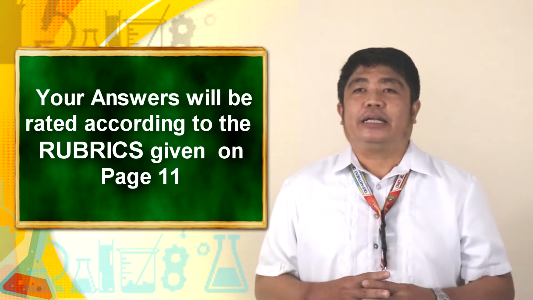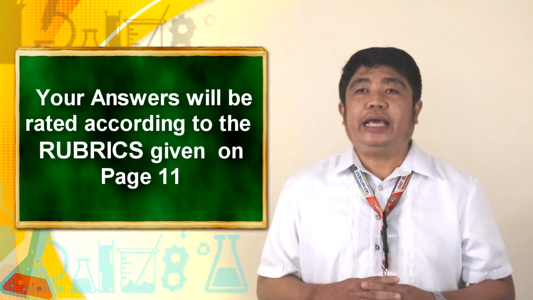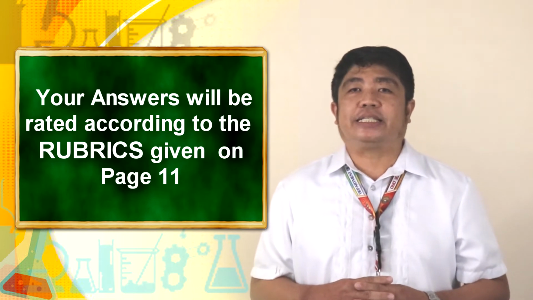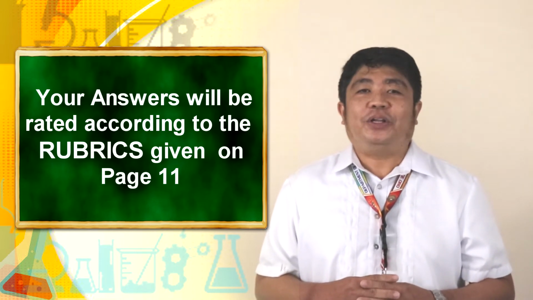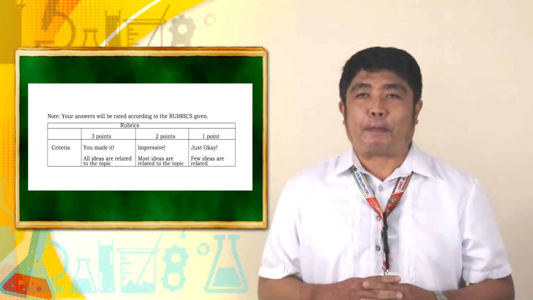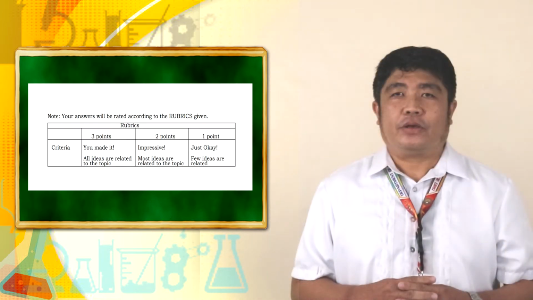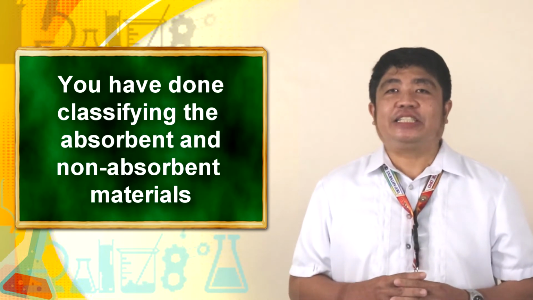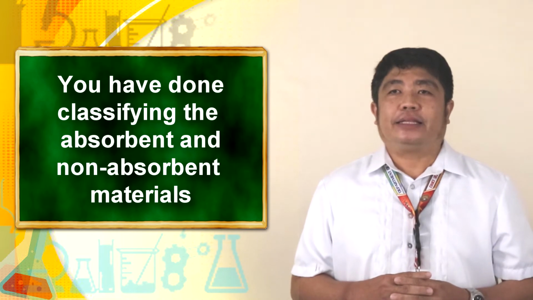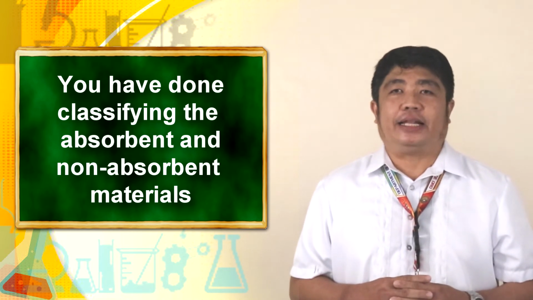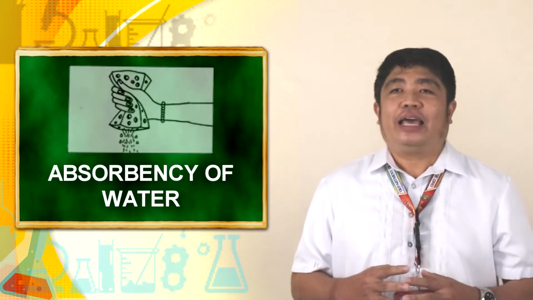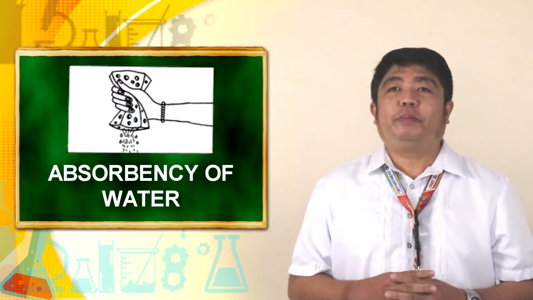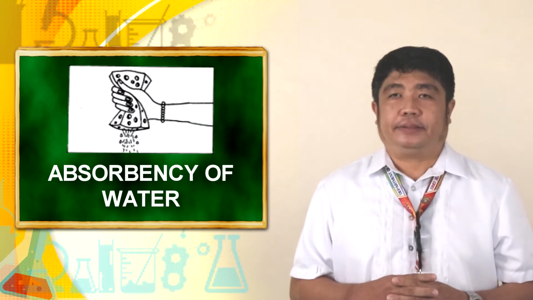Take note that your answers will be rated according to the rubrics given found on page 11. Good job! You have done classifying the absorbent and non-absorbent materials. Now, let us know more on absorbency of water.